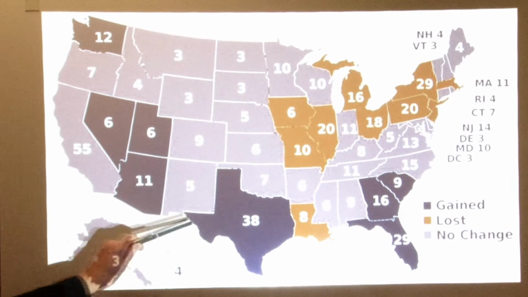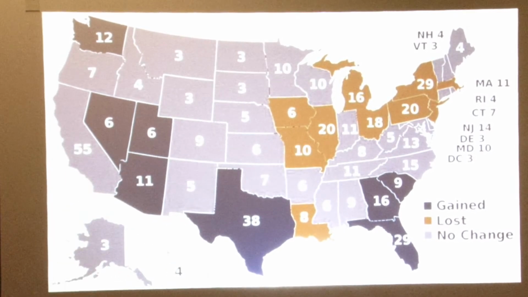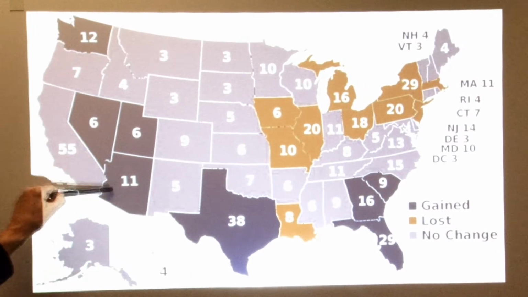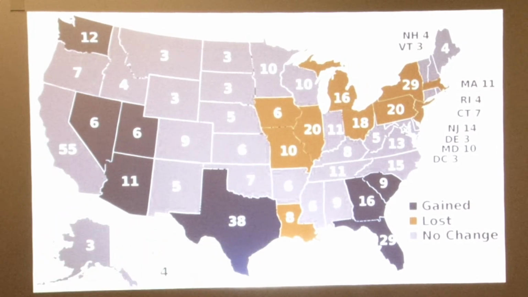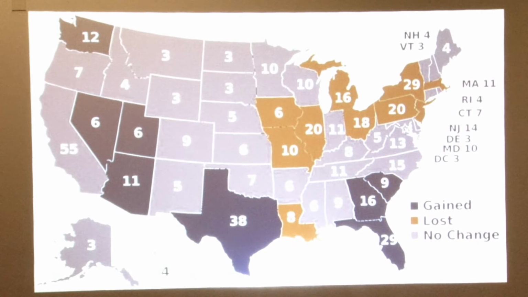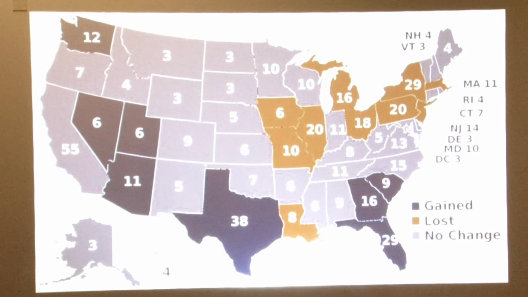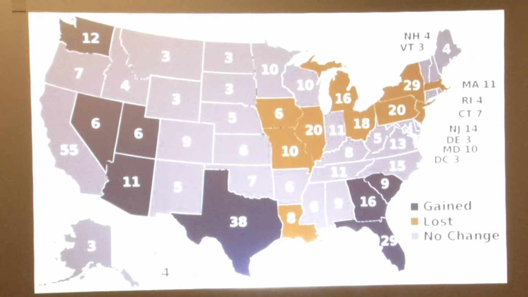So we have a lot of power in the Electoral College. These dark grays are states in the Sun Belt, most of them, except for this one up here. We've got these states over here in the west, we've got ourselves, and then some in the southeast that gained. Now, in the brown, these are states that lost. Remember, there are just 435 members of the House of Representatives, and so when some are gaining, others are losing, because that number is fixed.